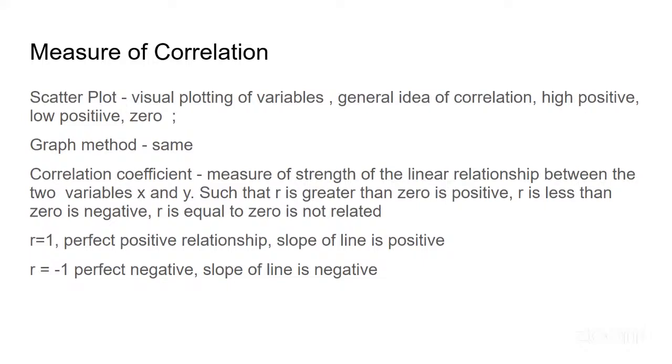The plot is like dots. If we have straight positive dots, that's our perfect positive correlation. And if we have a demand curve, like a downward sloping curve, then it would be our negative correlation.